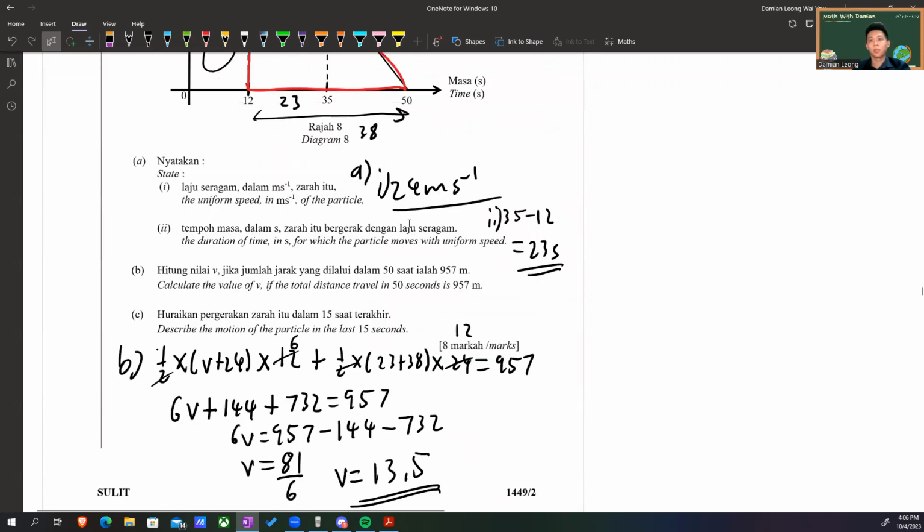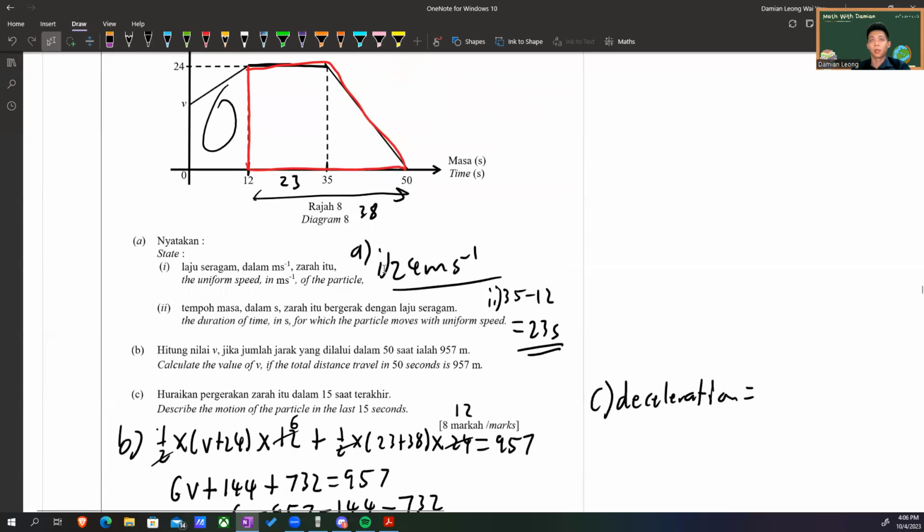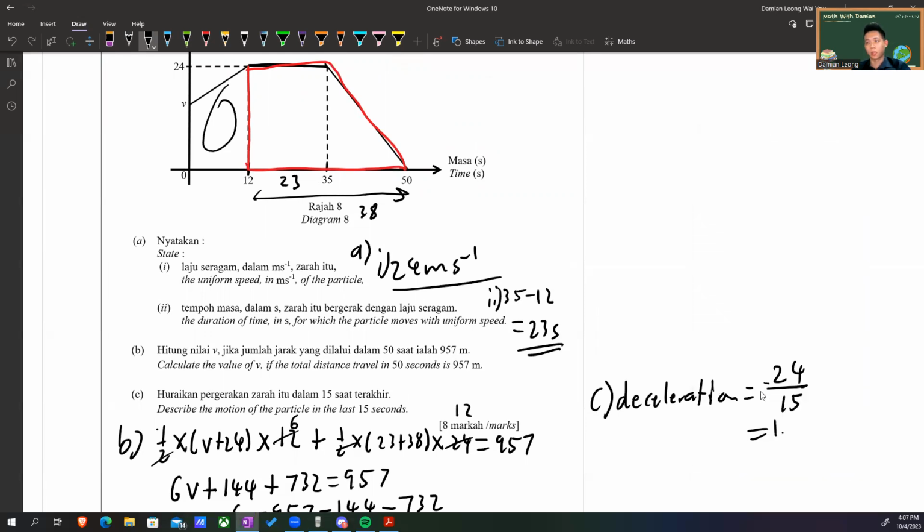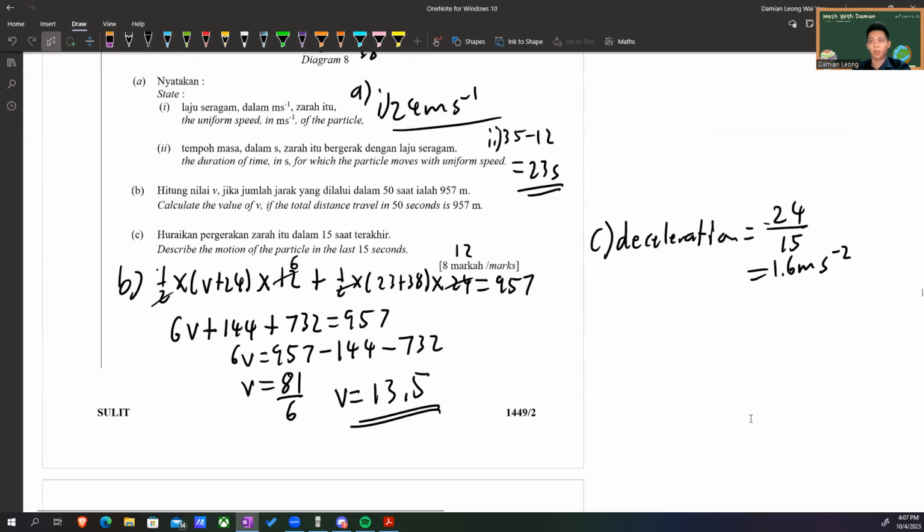For part C, I'm going to write here: deceleration, calculate. Change in speed, 24, over change in time, 15 seconds. 24 divided by 15 is 1.6 meters per second per second, meaning meter per second square.